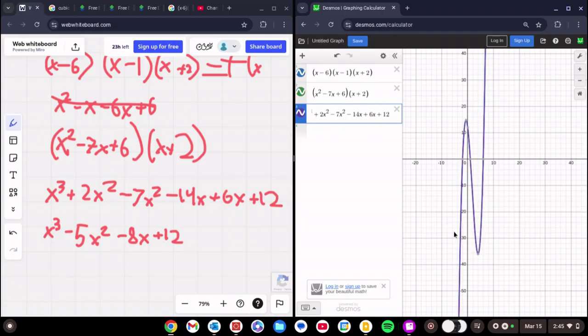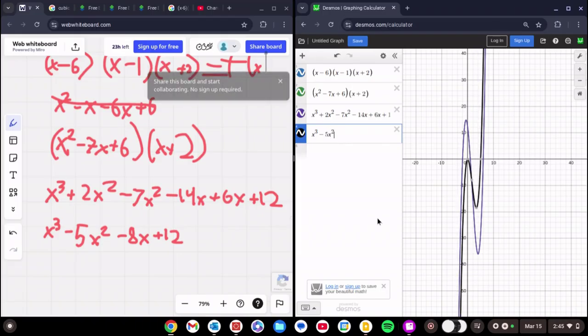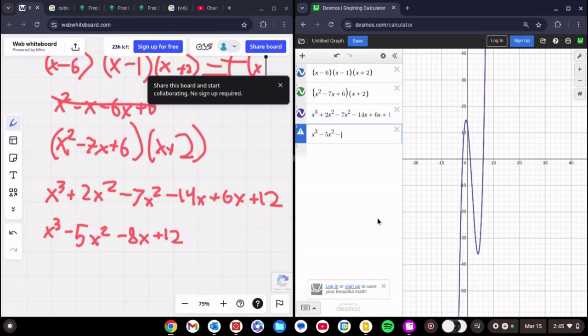Oh, and look at that. Looks like the line's changing color again, which means these terms are right on top of each other. And finally, I'm going to type in the final one that we have here. Okay. And then look at that again, right on top of the last one.